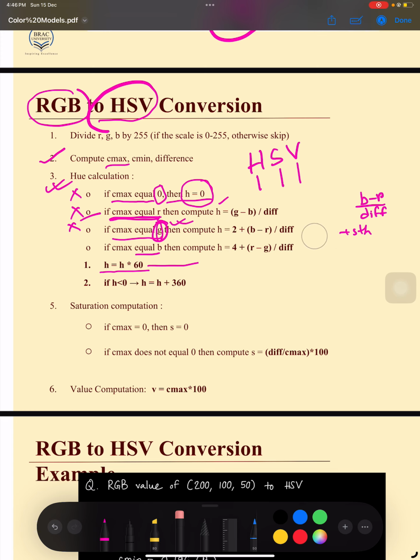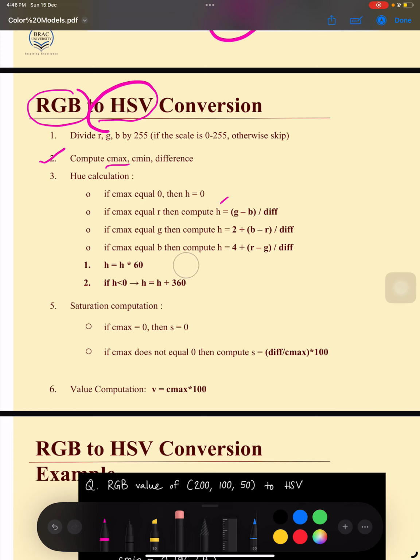So after calculating my hue, H's value, from any of these four, mind you, we will not use them together. We will use any one of these four formulas based on what my Cmax is. After finding H's value, I will multiply it by 60.